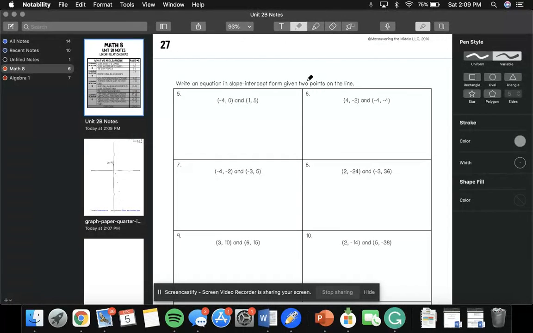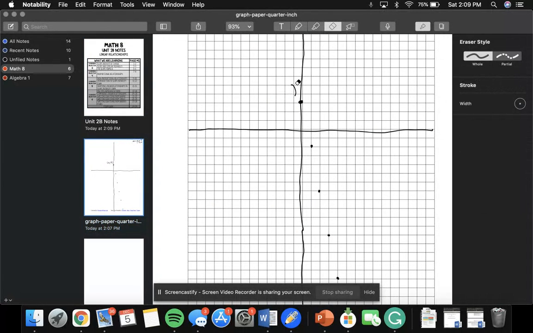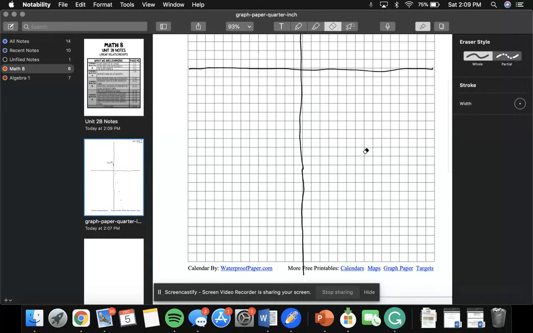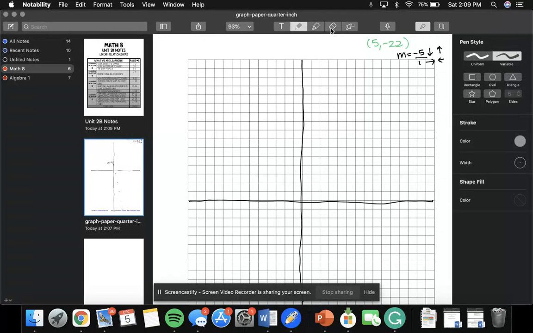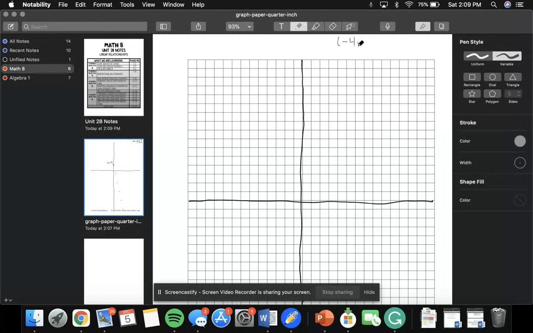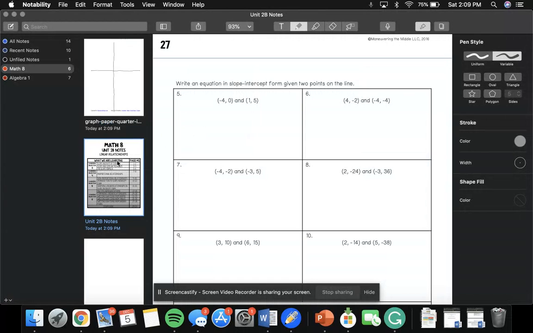Now this one, we don't even know the slope. All we know is that it crosses through -4, 0, and 1, 5. Okay. So all we know is that it goes through -4, 0, and 1, 5.